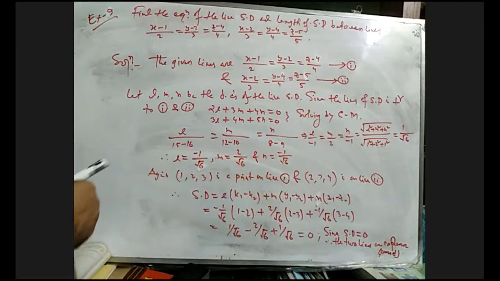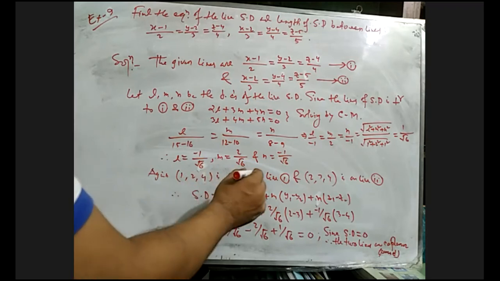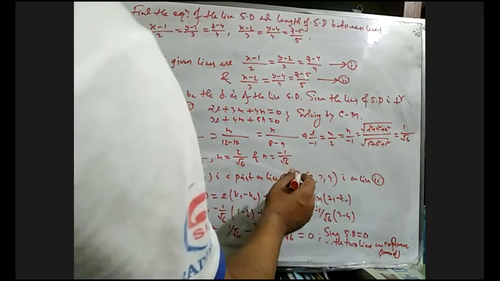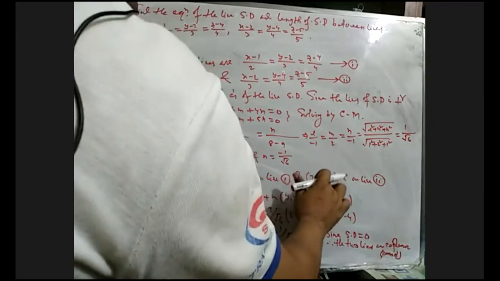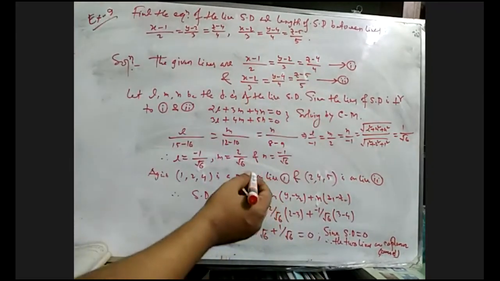So (1, 2, 4) is a point on line 1, and (2, 4, 5) is another point on line 2.